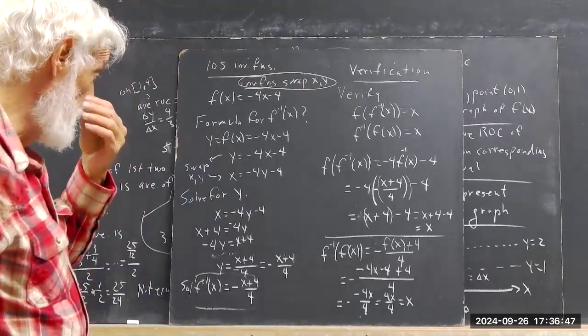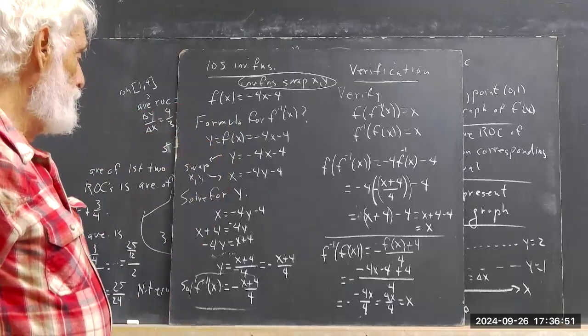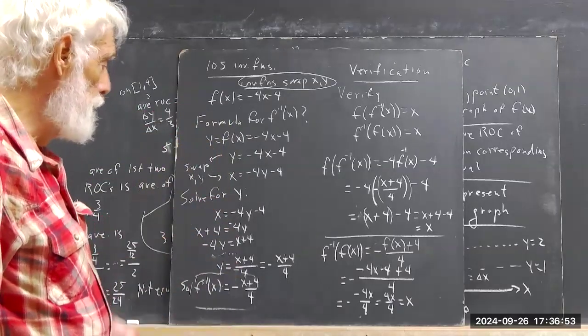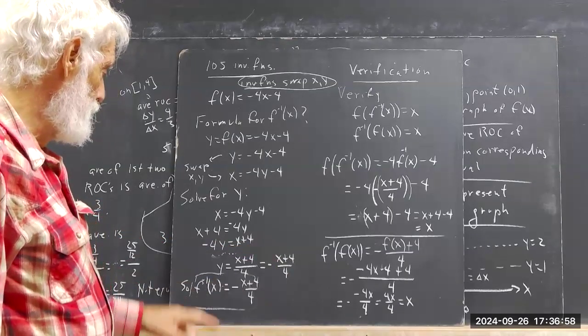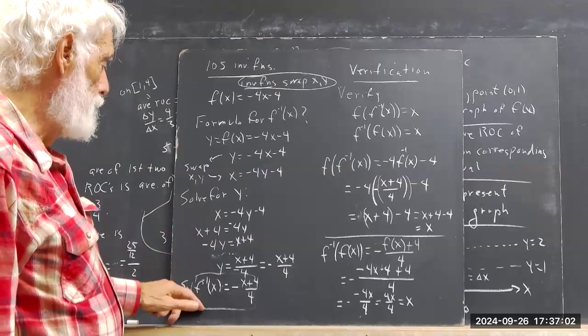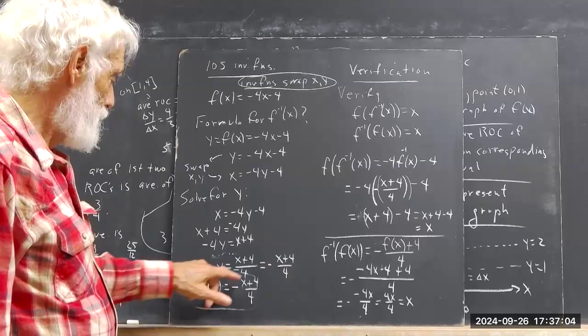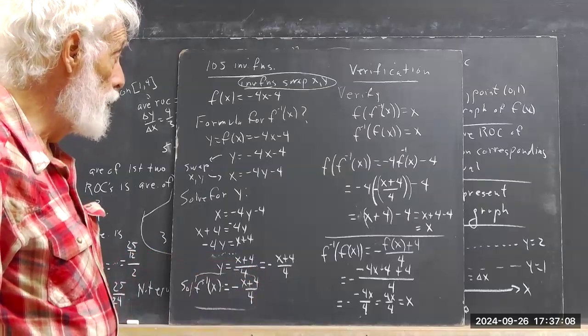Everybody's doing pretty well with this. So we swap this and solve for y. I'll go through the steps of solving for y. They're simple. We get y equals negative x plus 4 over 4. So f inverse of x is now negative of x plus 4 over 4. The negative goes in front of the whole fraction.